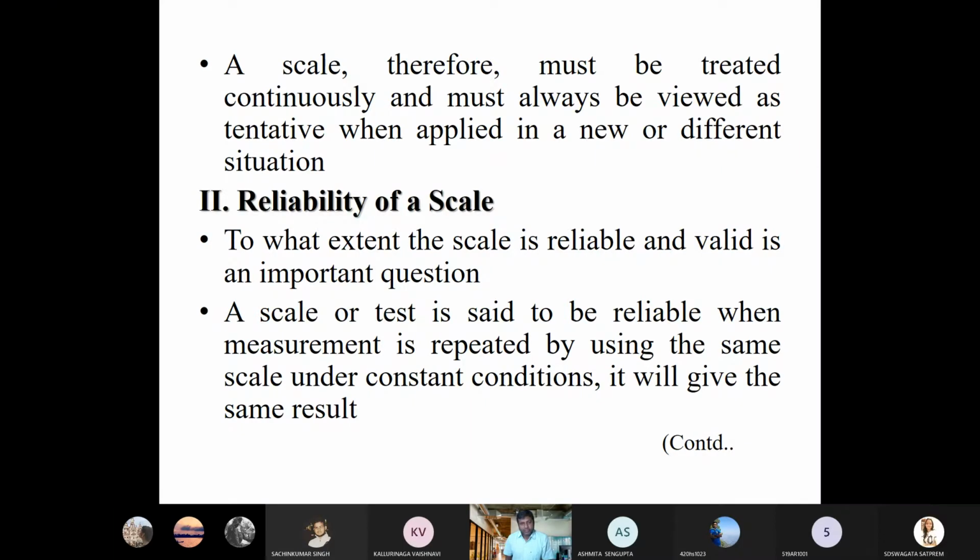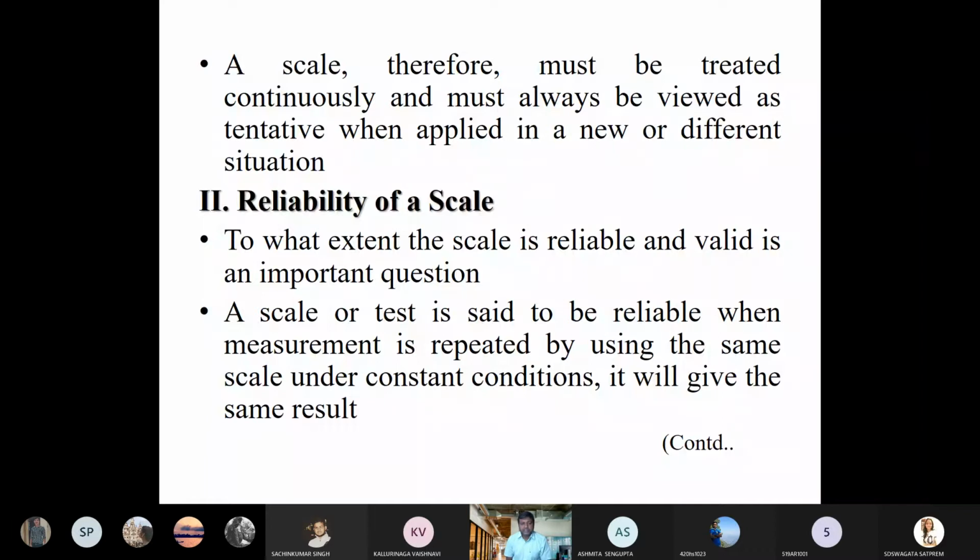Whenever we are making a scale, we should be much more concerned that the scale should be reliable. Unless the scale is reliable and also has validity, which we'll discuss, it cannot be used further.